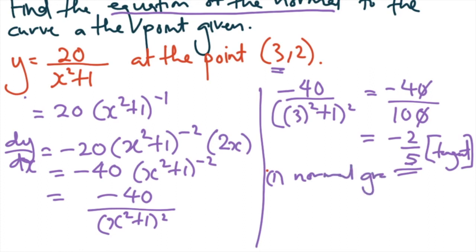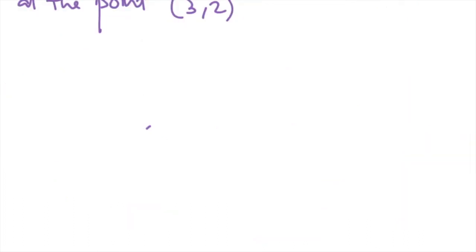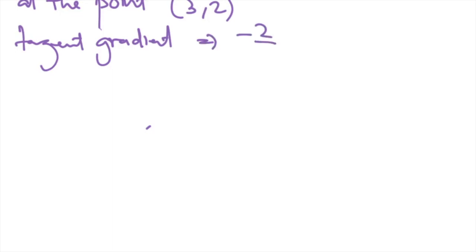So first step, I have to find the normal gradient, and my second step will be using the normal gradient to find the equation. So at the point (3, 2), the tangent gradient, it's not just the gradient, it's the tangent gradient, we got as -6 over 5.